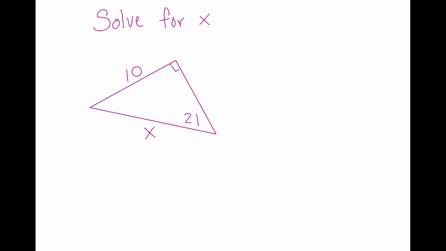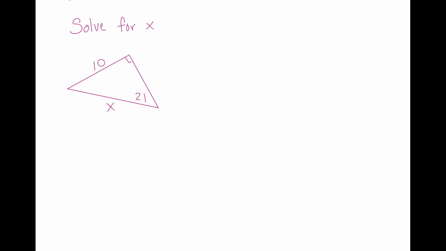Okay, so what is my very first thought when solving a trig problem? What is step number 1? Good, so I'm going to write the steps over here. Step 1 is what? Label. Where's my theta? 21.